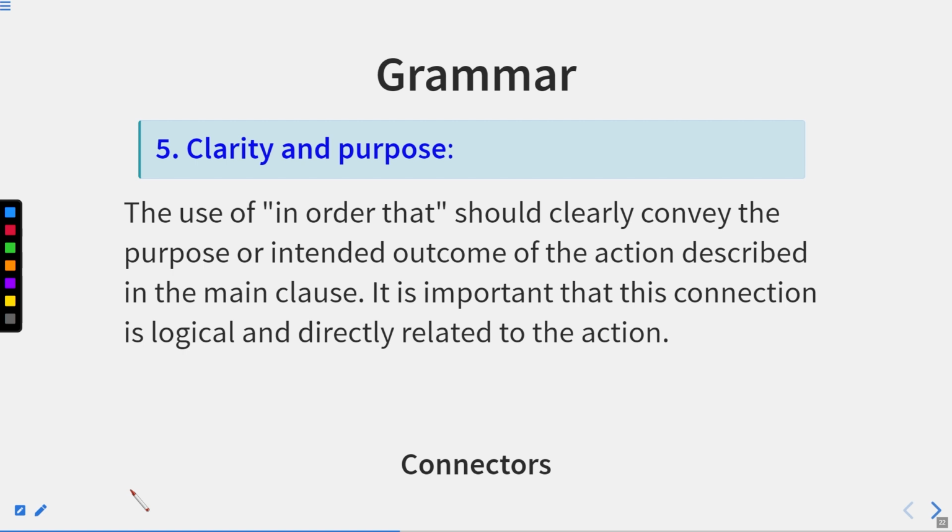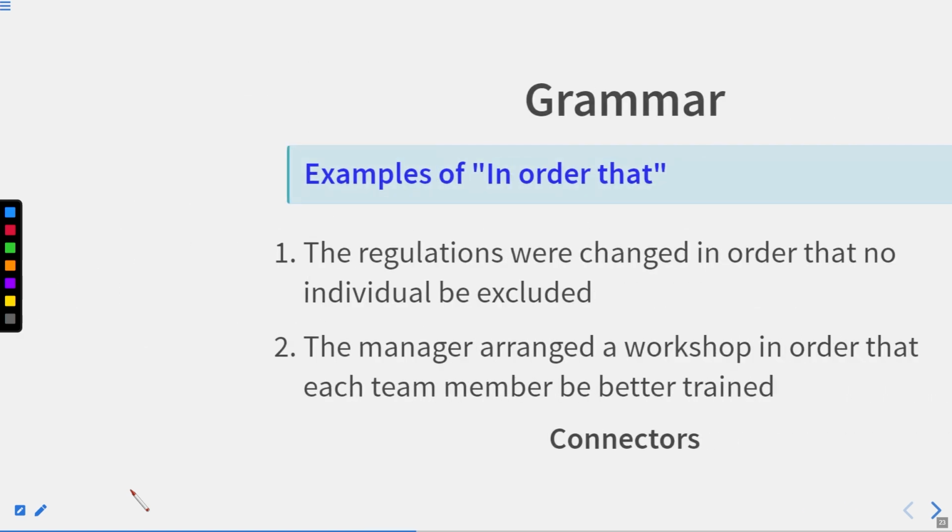So if there is a purpose, it should have a close connection with the action that has been performed in the main clause. You cannot say that the purpose is somewhere different and the sentence is different. That will not make any sense.